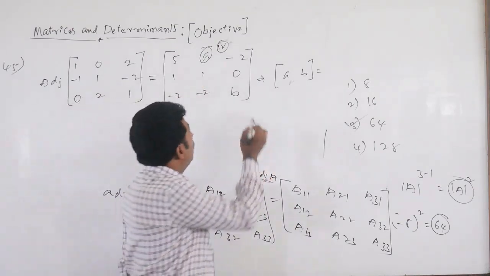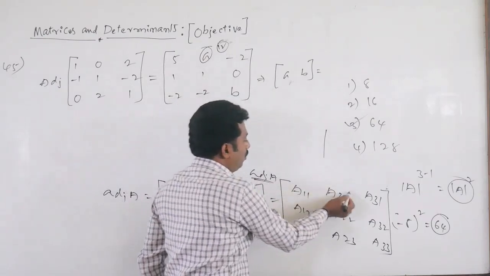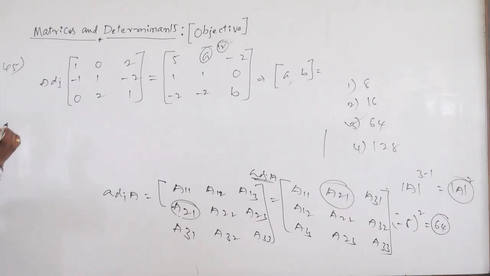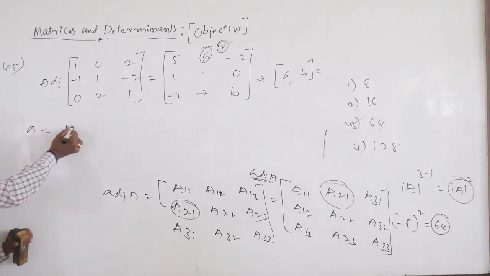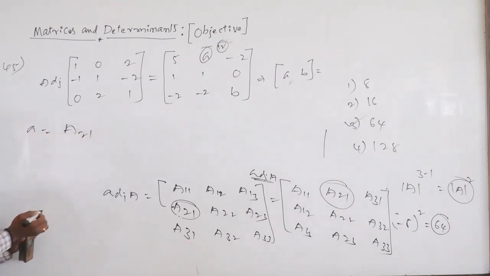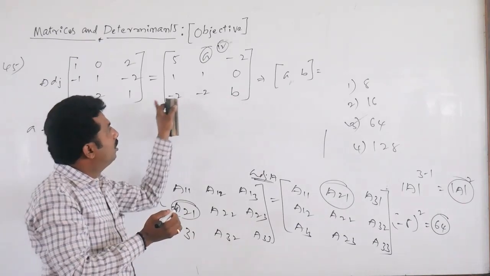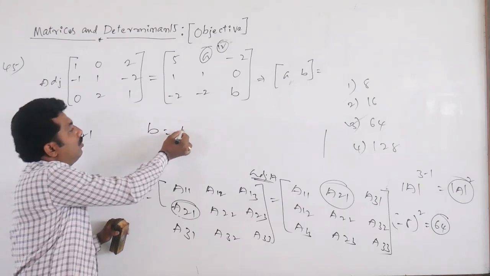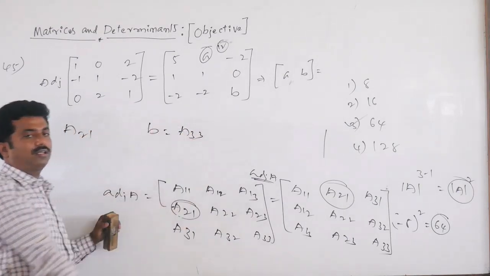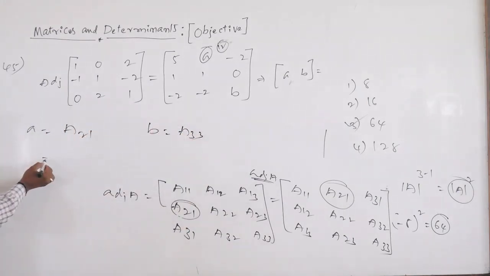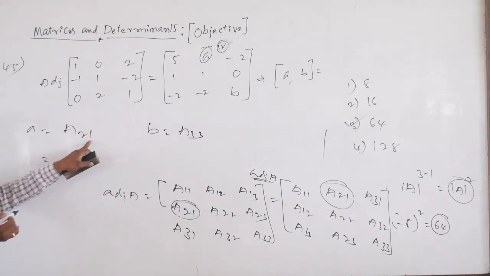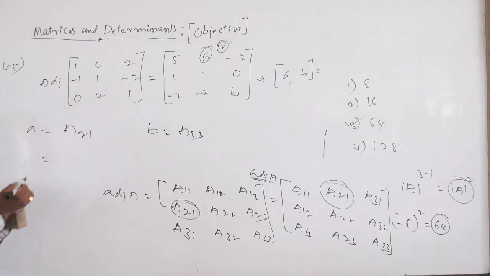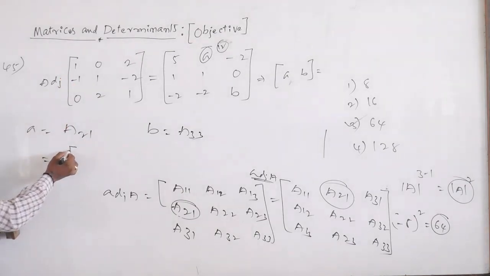Here A equals the cofactor of second row first column. Then B, observe, is third row third column, so B is the cofactor of third row third column. How to calculate A21, the second row first column? 2 plus 1 is 3, which means negative.